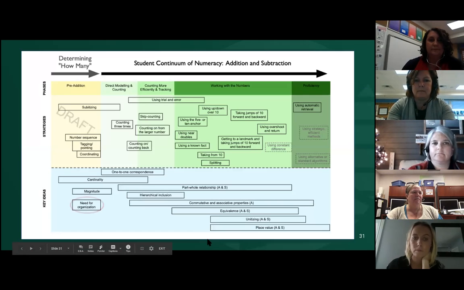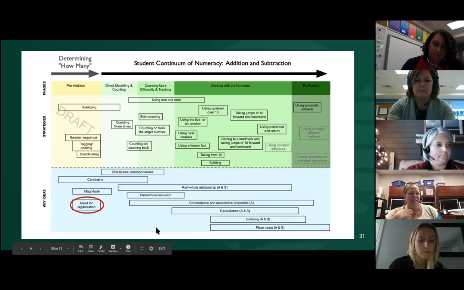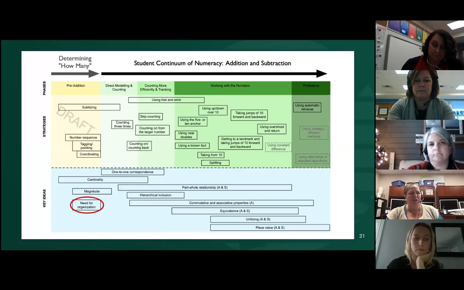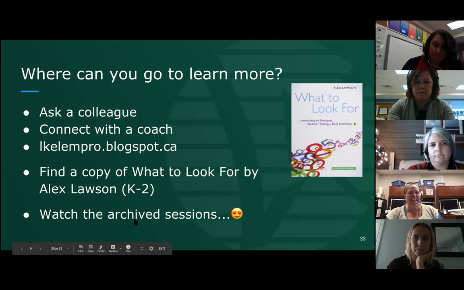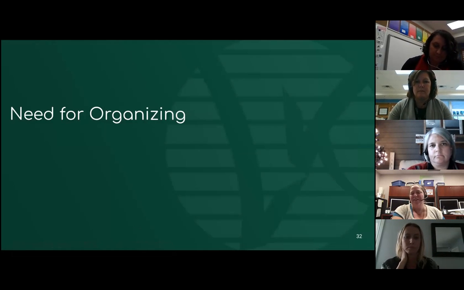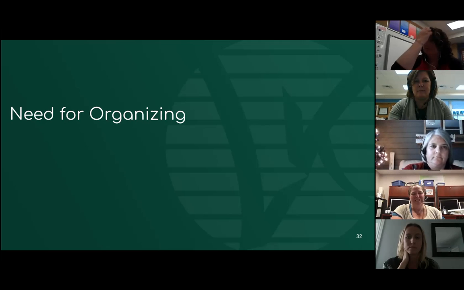Okay, last thing before we go is this key idea here at the bottom, the need for organizing. And oops, yes, I don't have a picture or a definition or anything. I was looking through a bunch of books to see if I could find it to put something in there. And so I think it's fitting that there's nothing on the page actually, because it's a little bit of an aloof idea.